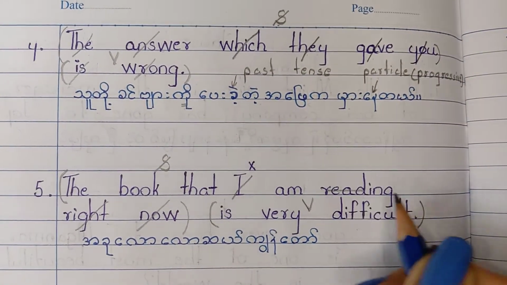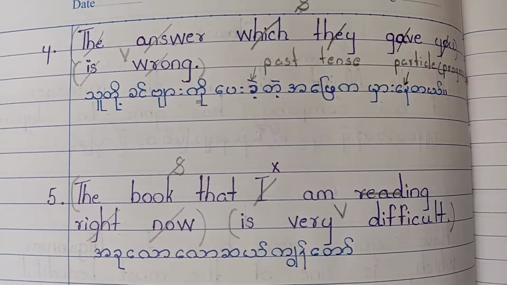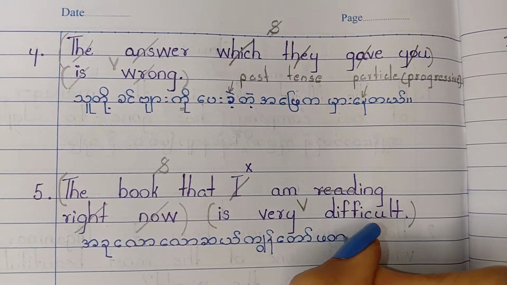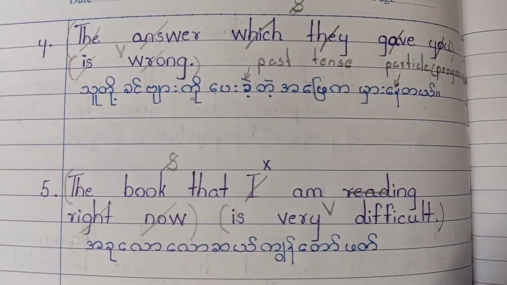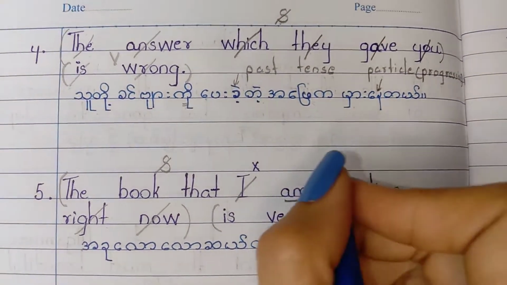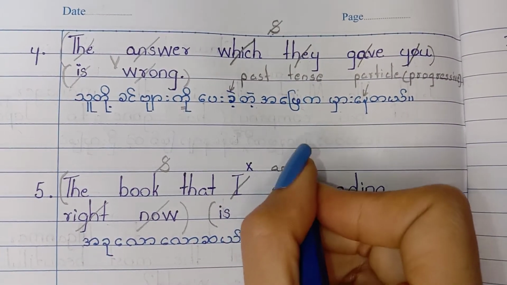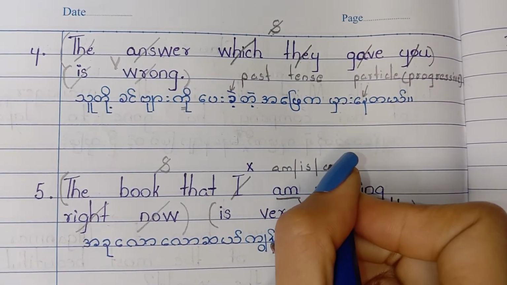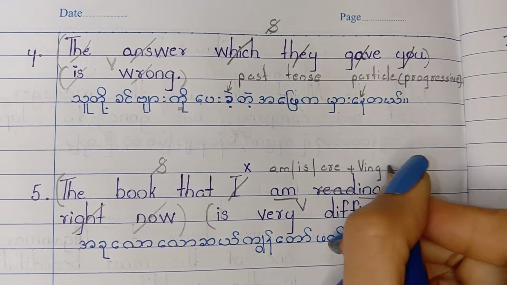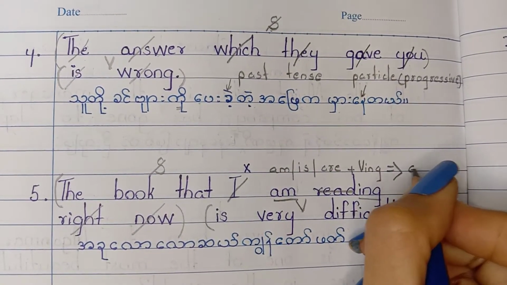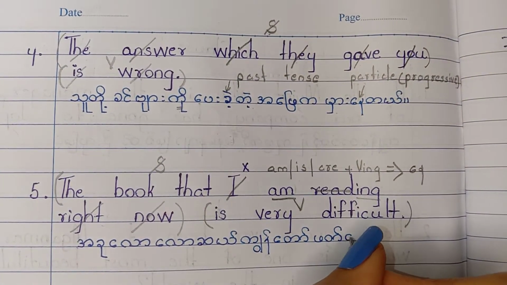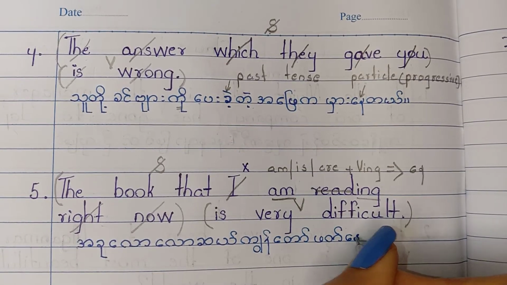Here read means ဖတ်. ကျွန်တော်ဖတ်, and then for the 'm' in I'm reading, it is 'ing', so you have to translate it as နေ. So ကျွန်တော်ဖတ်နေ. Okay, that's me.